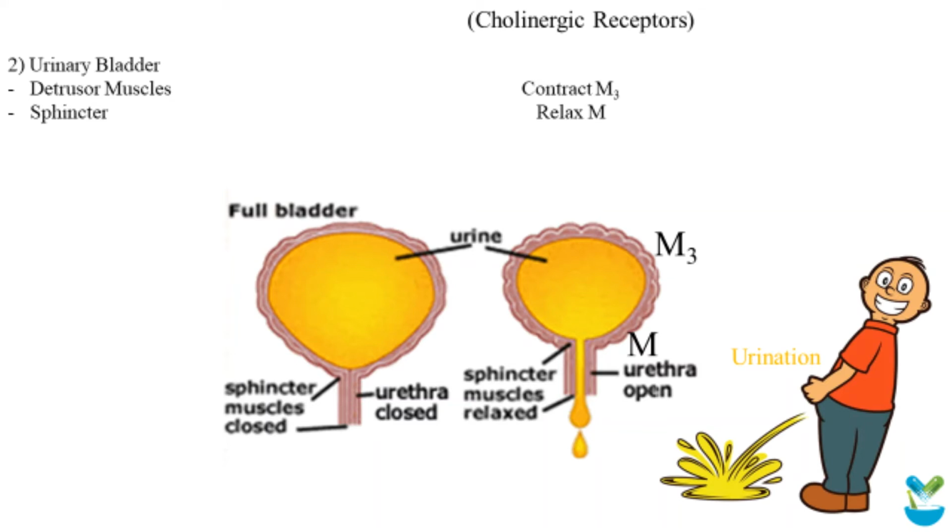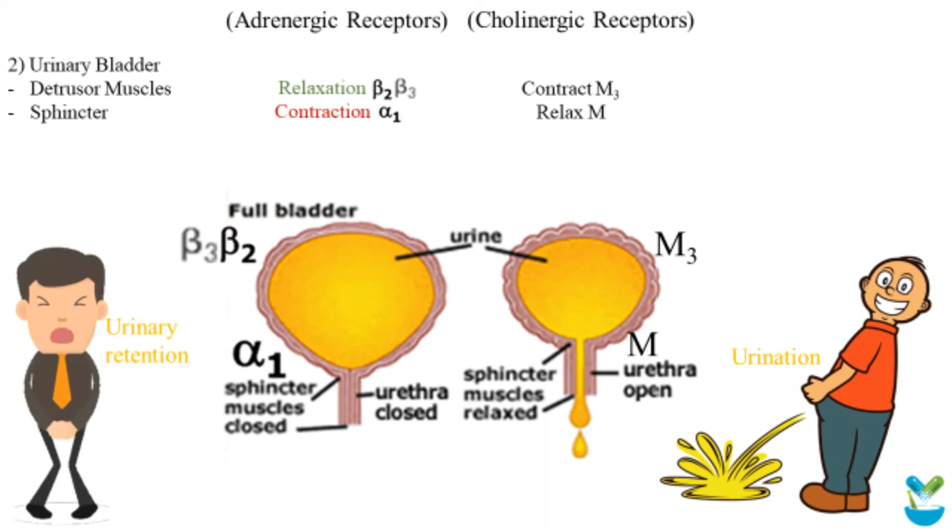In the sympathetic nervous system, there is urinary retention. The urinary bladder holds the urine. So the opposite phenomena occur. The detrusor muscles relax, beta-2 receptors are involved, and the sphincter contracts, meaning it closes, so alpha-1 receptors are involved.